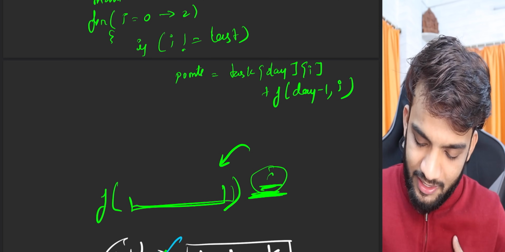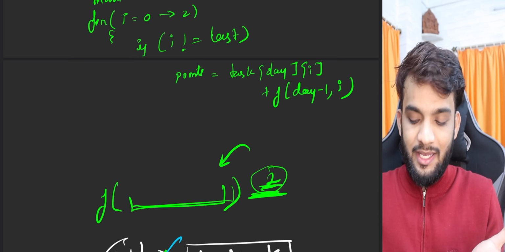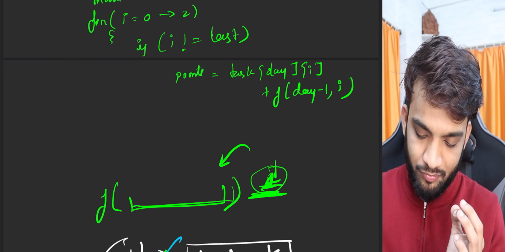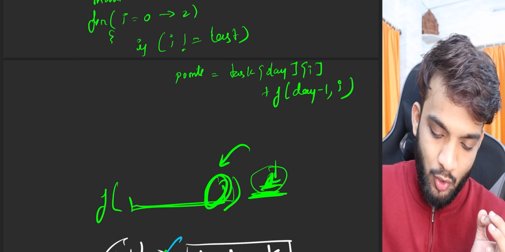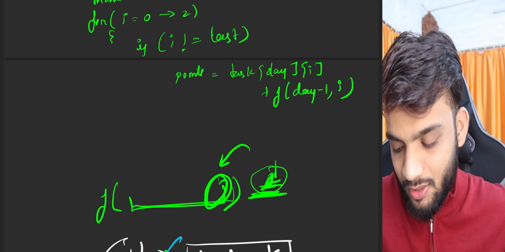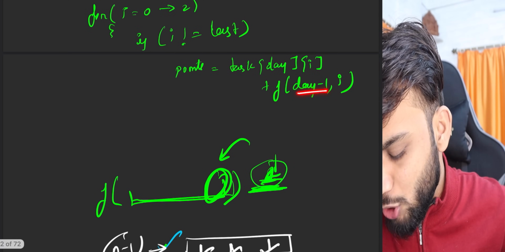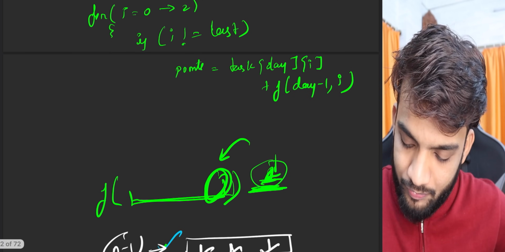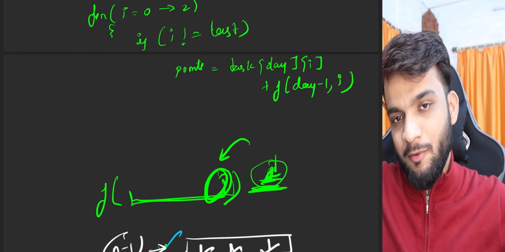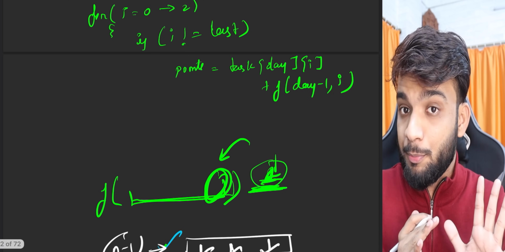If you performed the second task, tell him you performed the second task. If you performed the first task, tell him you performed the first task. So that whenever this guy is encountered, he doesn't again perform the first task. So you go to the previous day and tell him that right before this, you performed the I task, so do not perform that.